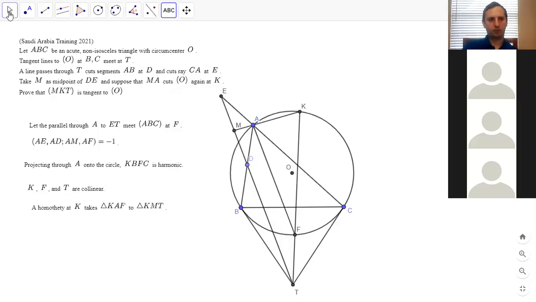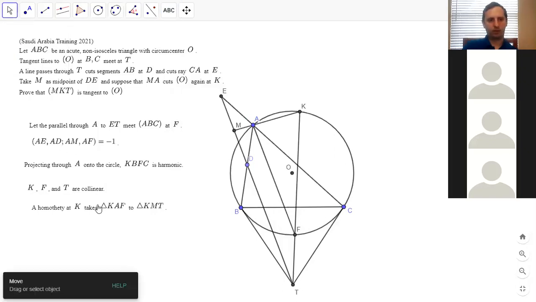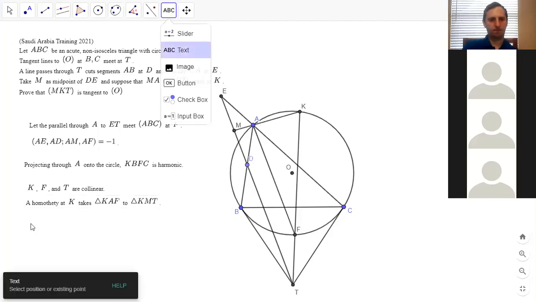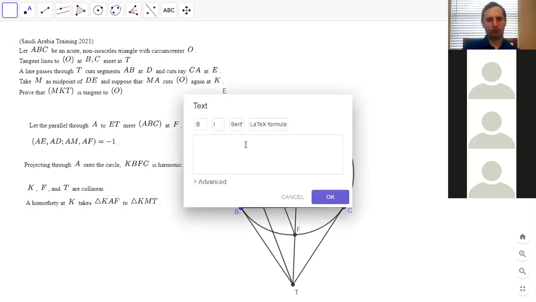So that means the circumcircle of MKT is tangent to the circumcircle O. Or I'll write it this way. I'll just say the circle MKT is tangent to KAF, which is the same as the circle O.